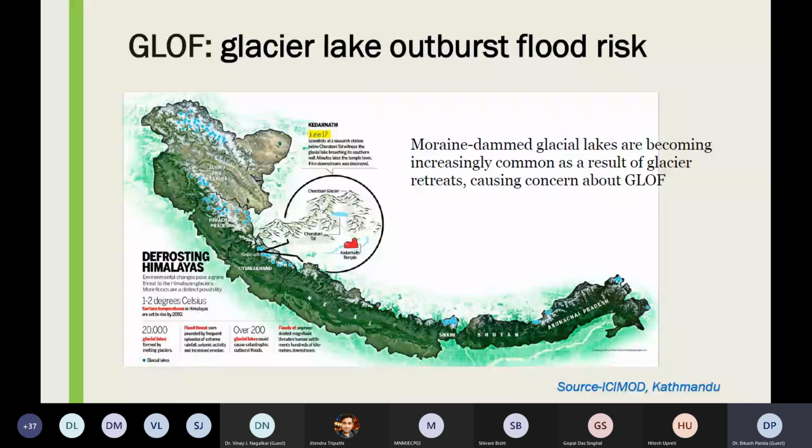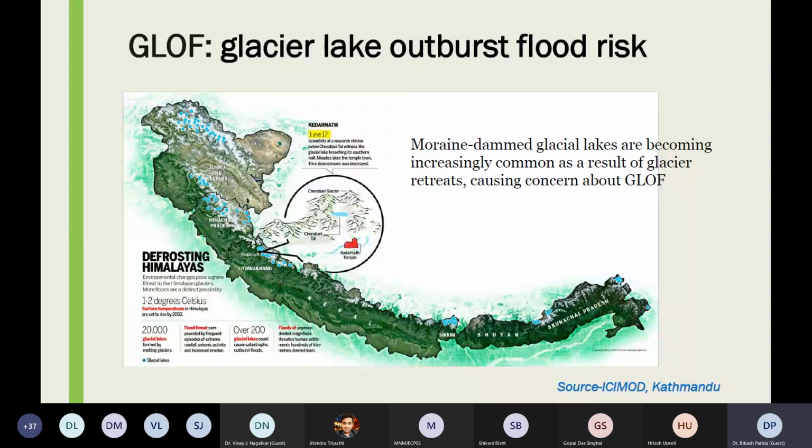These 200 are critical glacier lakes. In 2021 there was also one burst over Uttarakhand, and climate change will be a critical factor triggering this kind of lake outburst in the future also.